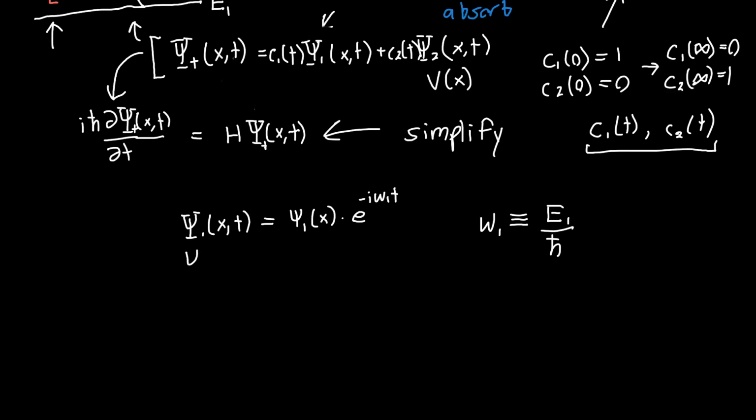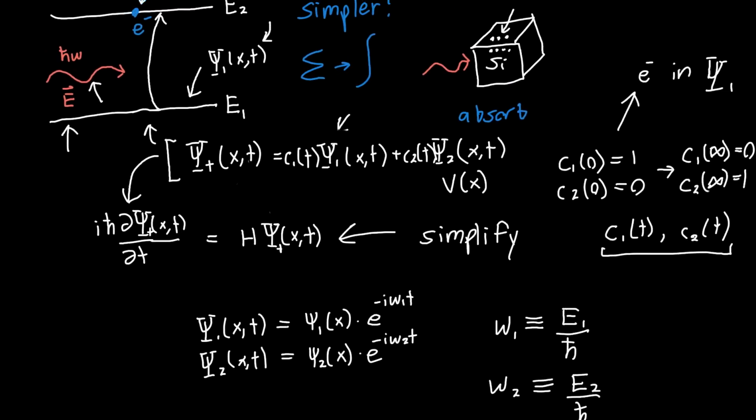And similarly, we can write psi2 as a function of x and t, and these are the separate states for energy E1 and E2: wave function 2 as a function of x times e to the minus i omega 2 t, and omega 2 is defined similarly to be E2 over h bar.